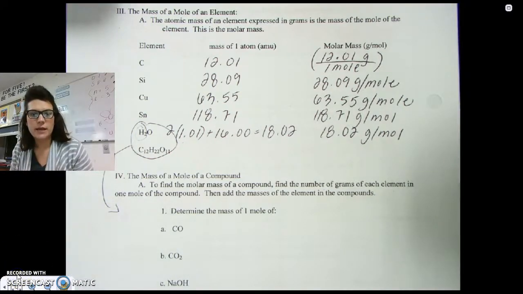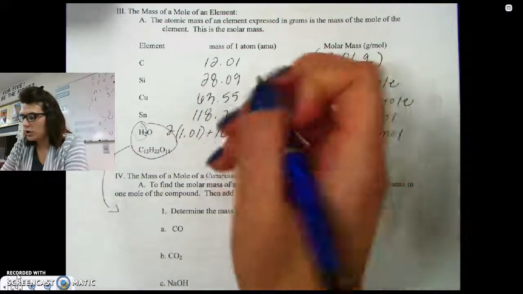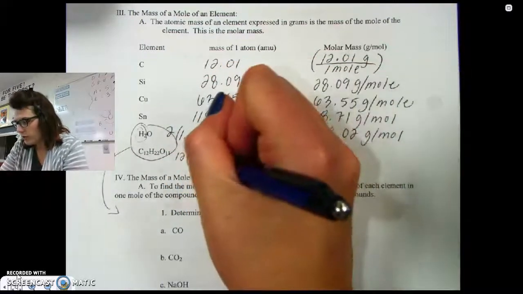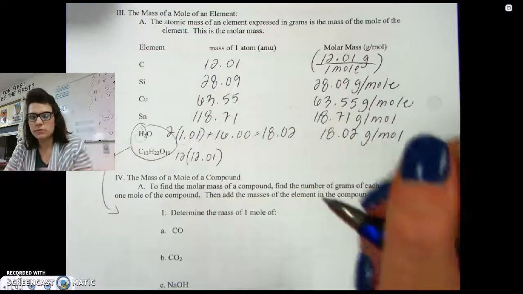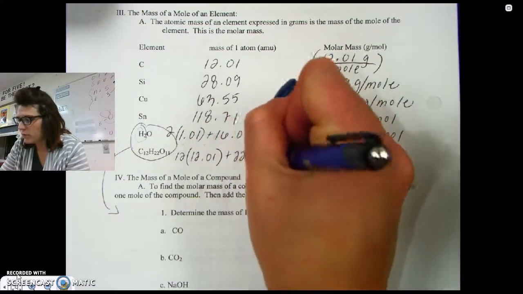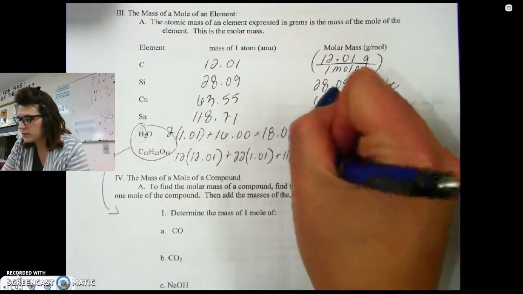Okay, and I can do the same thing for this complex molecule, which is just sugar, or sucrose. So I can do carbon, there's 12 of them, right? Carbon weighs 12.01, so I'm going to do 12 times 12.01 plus 22 hydrogens times 1.01 plus 11 oxygens times the 16.